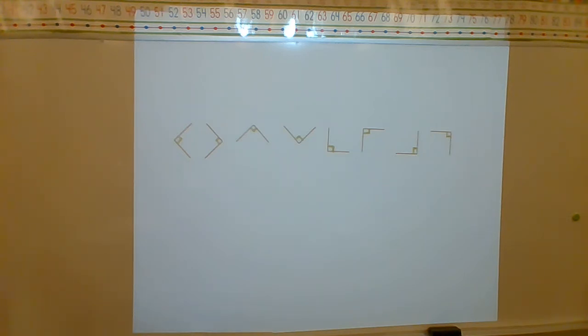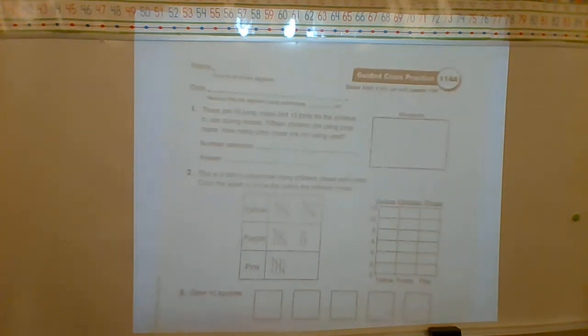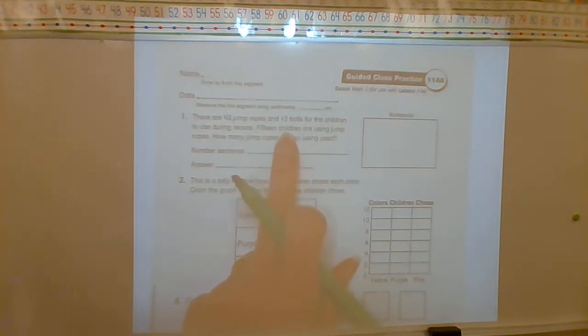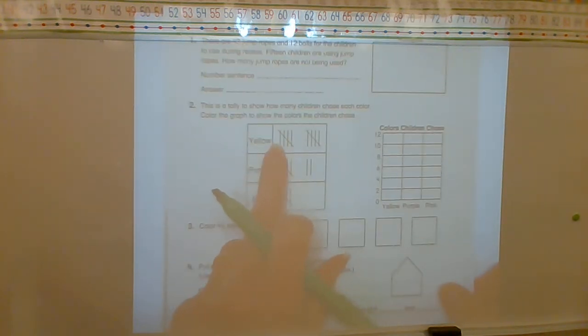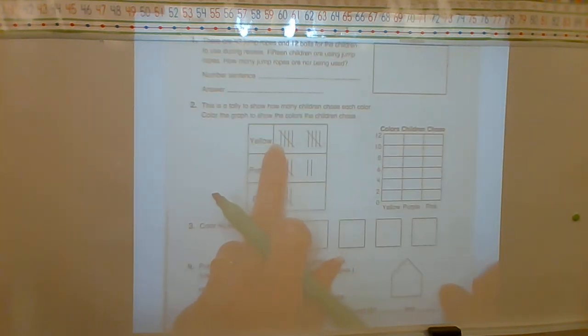Now, for the worksheet for 114, let's see if there's anything that will help us practice the right angle. Ah, there sure is. Here, you'll do measuring, do number 1. Oh, here's what we practiced in lesson 113.